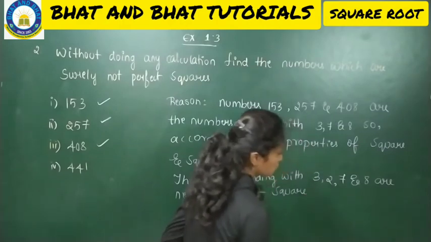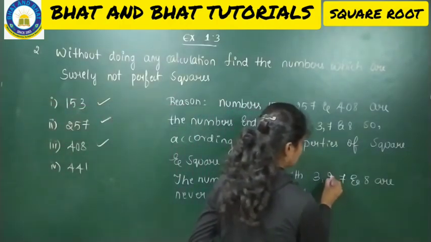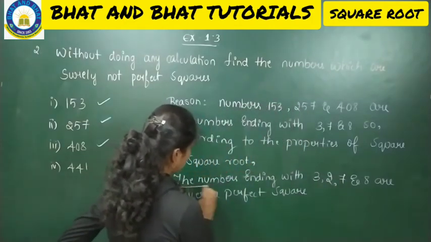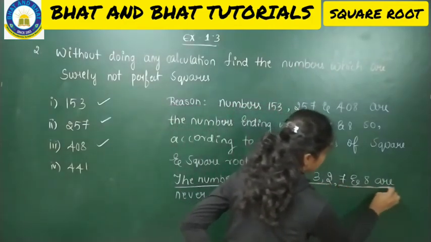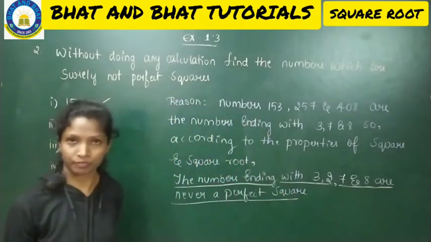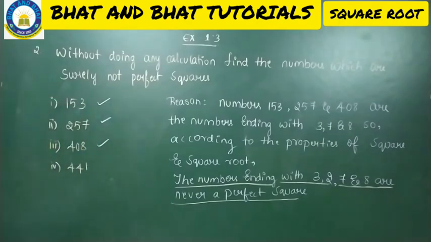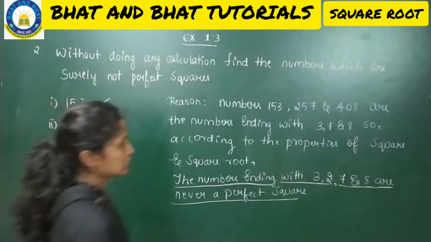Got this? Since we have already studied, people can copy down, okay? So the main thing here is the numbers ending with 2, 3, 7, 8 are never a perfect square. Got this? You people can copy down this. Okay. So fine. Hope you all copied this.